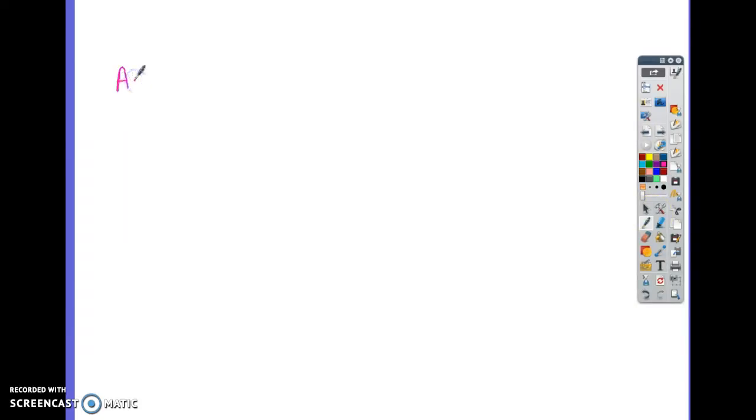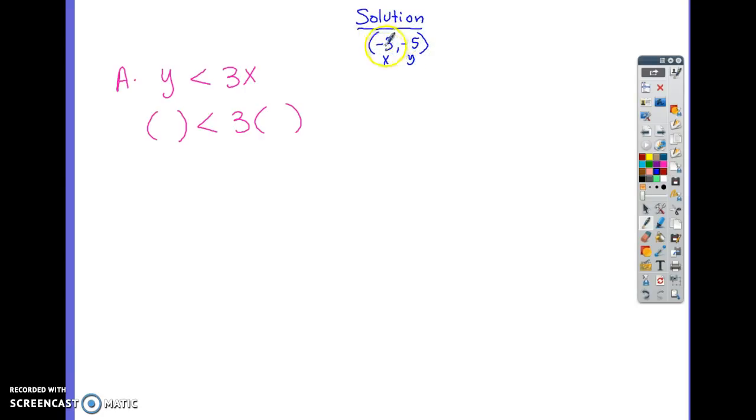So A says y is less than 3x. So we're going to put parentheses around the y, less than 3, parentheses around the x. And remember, we're checking that the solution is (-3, -5). So that's my x and my y. So in place of x, I'm going to put -3. And in place of y, I'm going to put -5. Okay?